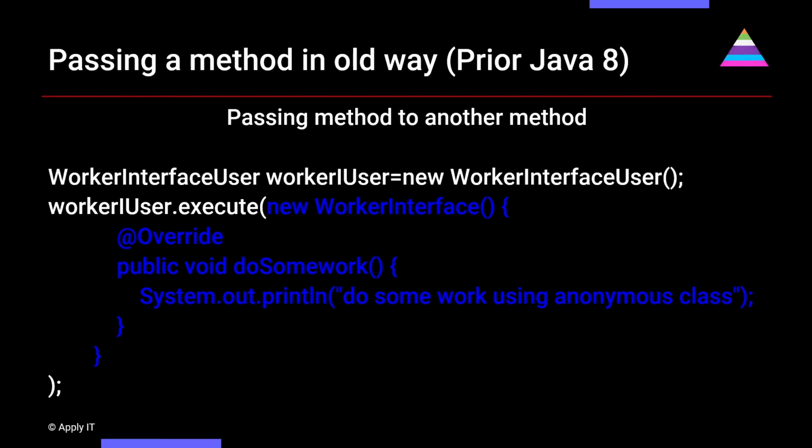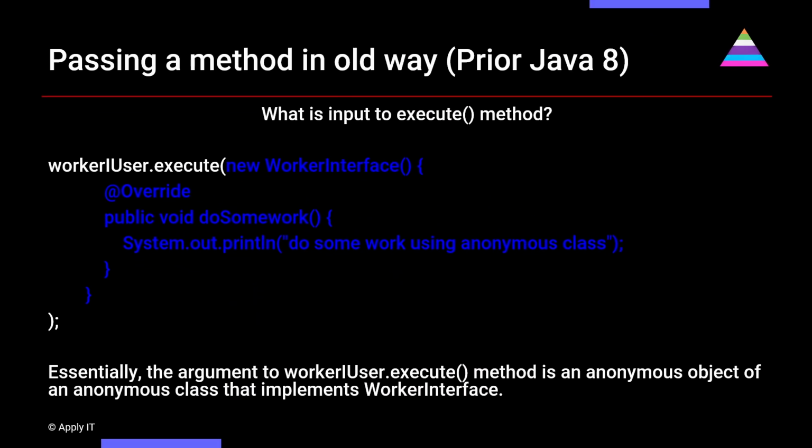Because WorkerInterface is an interface, we need to provide an implementation of doSomeWork, which is declared as abstract in the interface. So essentially the thing in blue color which you are passing to the execute method is an anonymous object of an anonymous class that implements WorkerInterface.